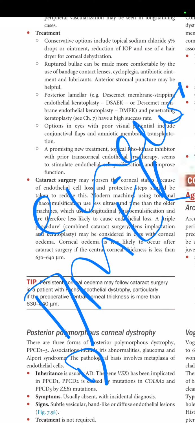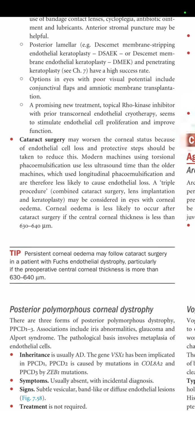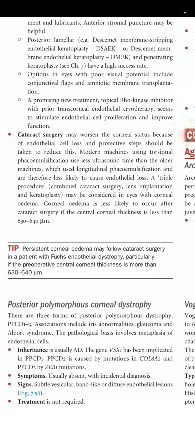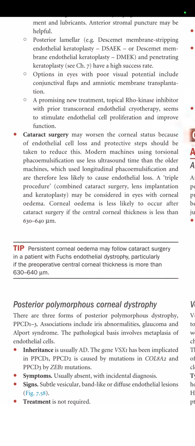Cataract surgery may worsen the corneal status because of endothelial cell loss, and protective steps should be taken to reduce this. Modern machines using torsional phacoemulsification use less ultrasound time than older machines which use longitudinal phacoemulsification, and are therefore less likely to cause endothelial loss.